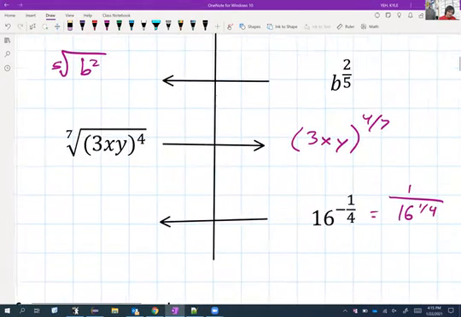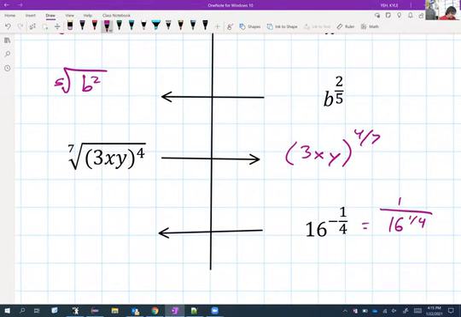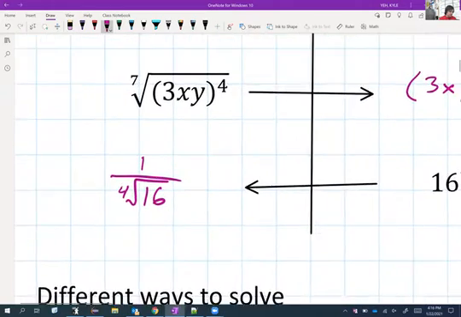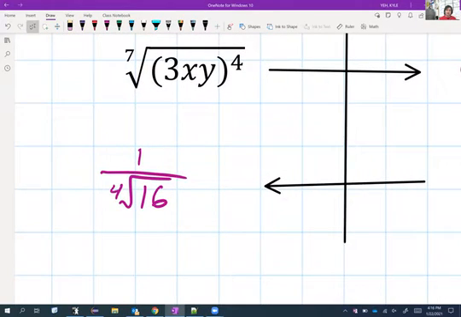So what does that mean for a radical form? Well, that would mean 1 over the 4th root of 16 to the first. And I'm not going to write the 1. Okay. That doesn't look bad. I mean, we did convert it to radical form, but there is a radical in the denominator, which in 7.5, we talked a lot about we don't want that radical in the denominator. So there are a couple things we can do here.